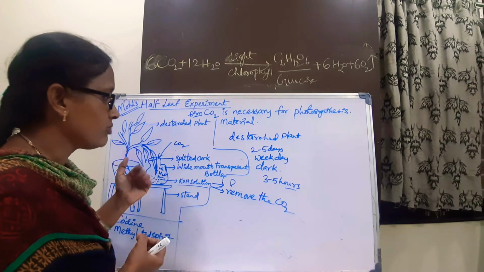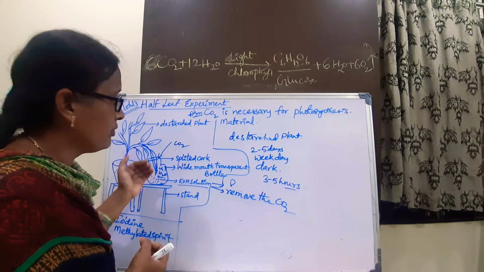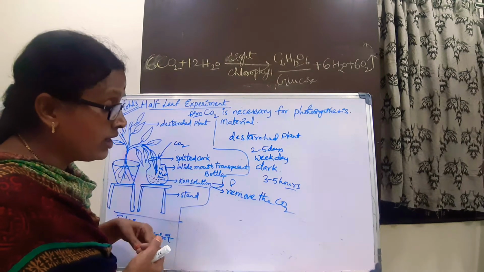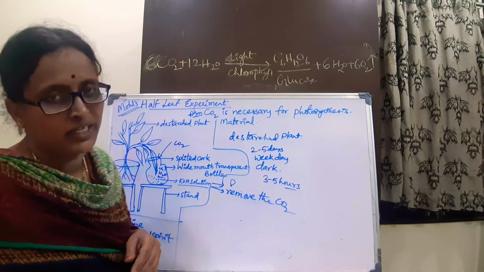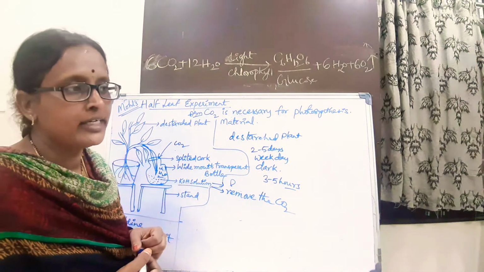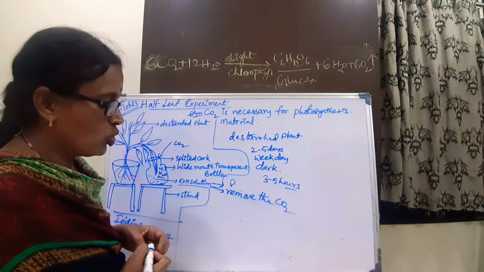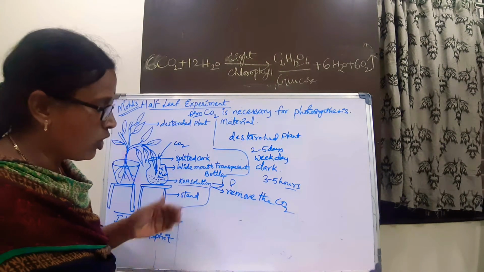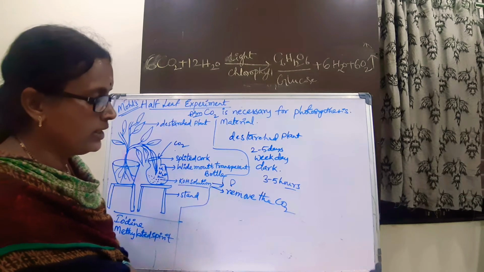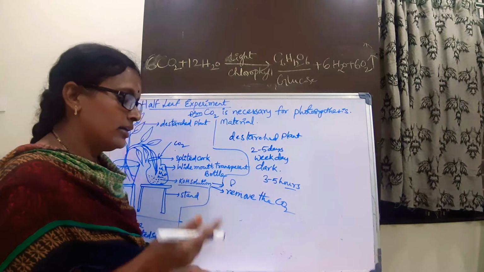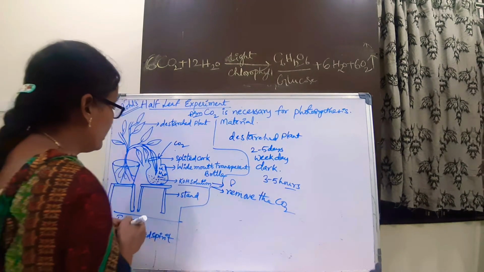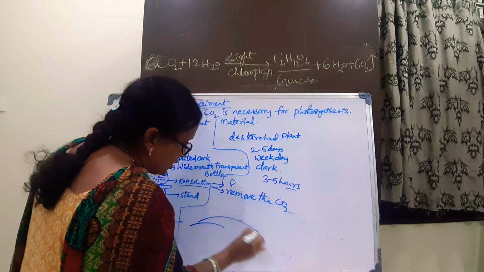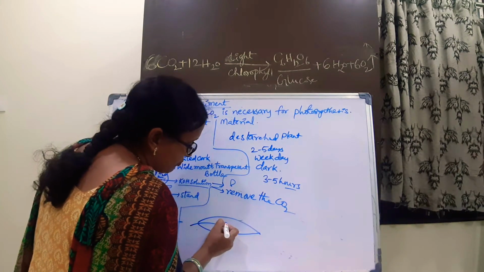Same. By taking the leaf, we boil it in methylated spirit. When you boil it in methylated spirit, it ultimately loses the chlorophyll, and after that we test the leaf.